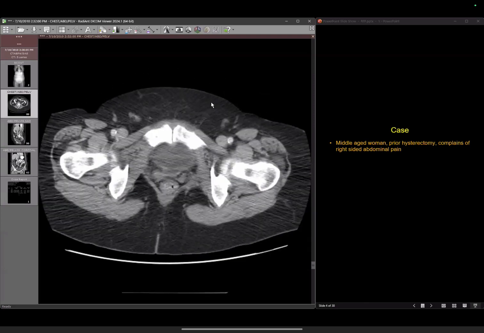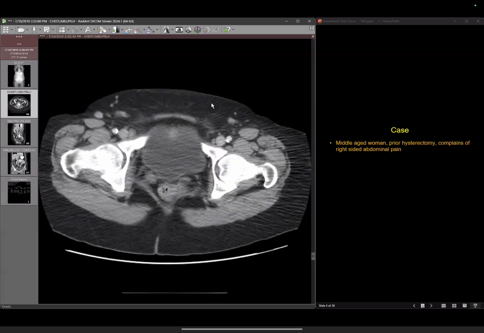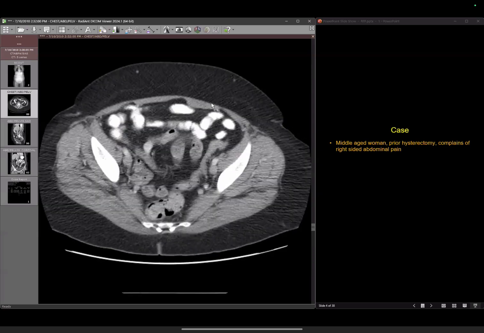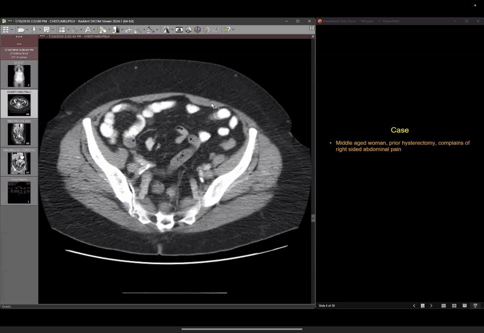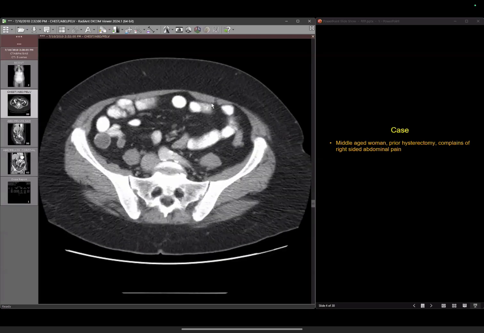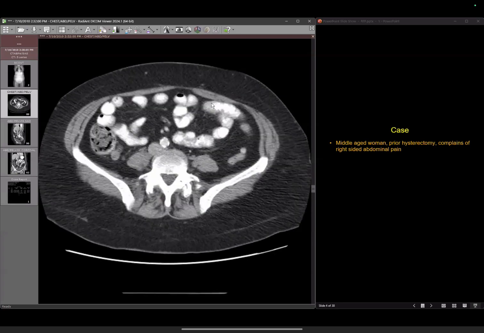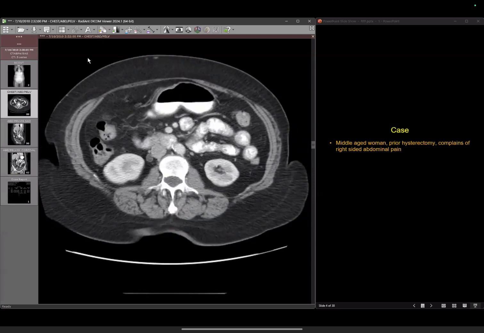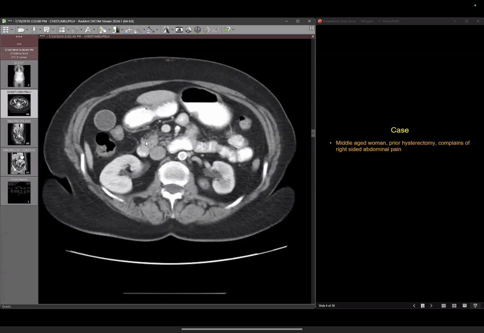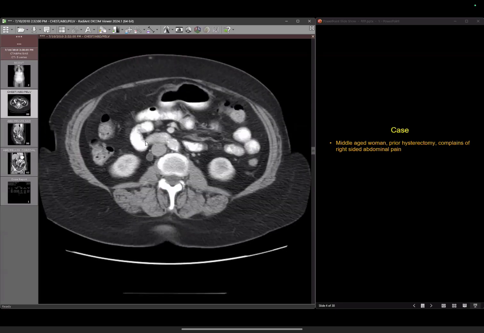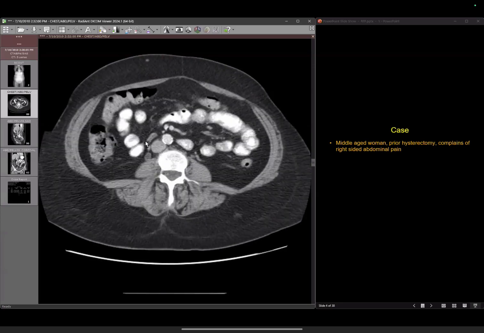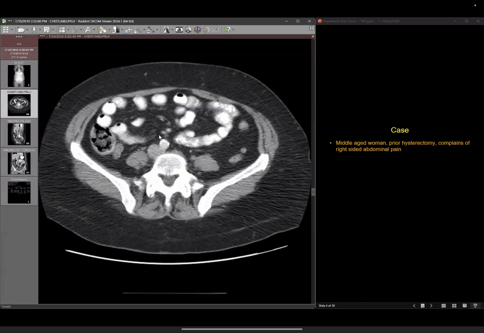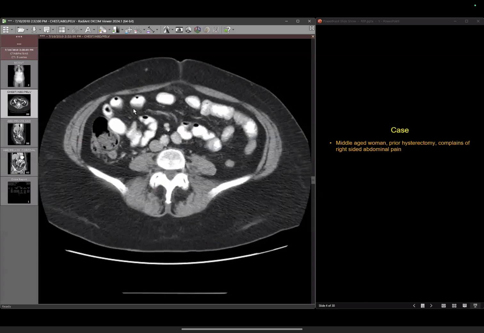And her uterus is out, so going back up again. Down again. So have you seen anything, or maybe we can walk through a few things.